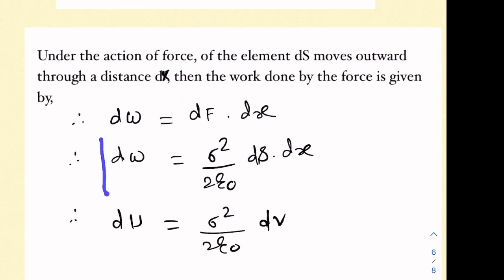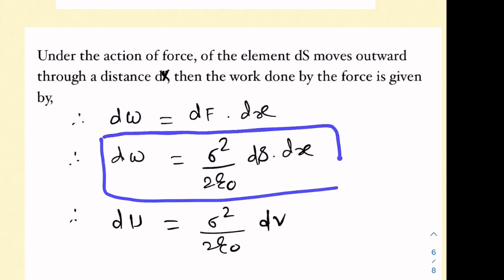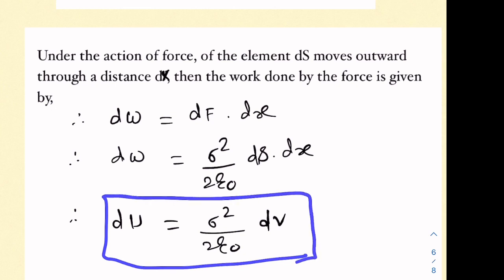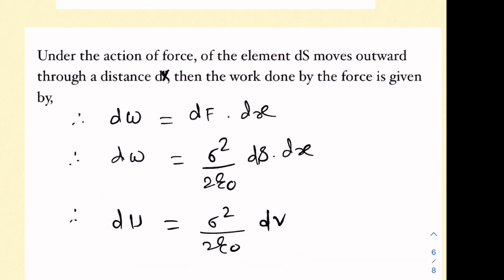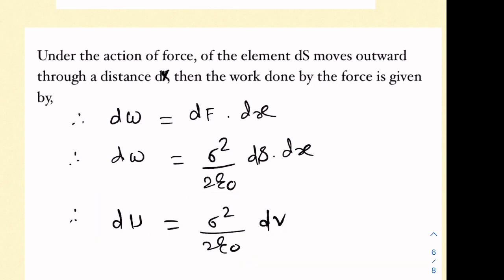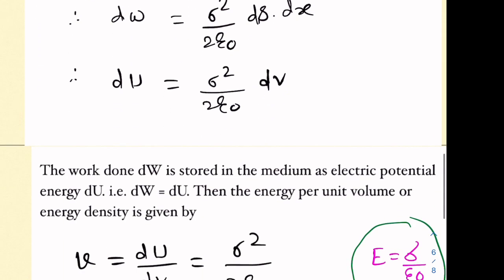We get work done as sigma square by 2 epsilon 0 ds into dx. But ds into dx is nothing but the change in volume. Therefore, dU equals sigma square by 2 epsilon 0 into dv. This equation gives the energy stored in volume dv in a charged conductor. This work done is stored as electric potential energy, as already explained.